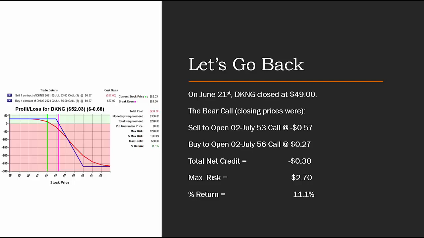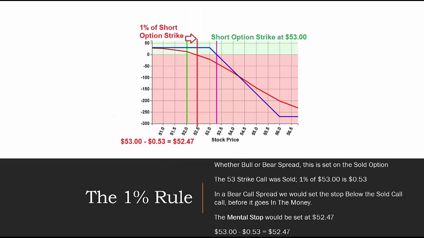Let's break down how we would set the mental or strategic stops for this particular position. The 1% rule. We sold a 53 strike call and bought a higher strike 56 for our bear call credit spread. 1% of that 53 strike, of course, is 53 cents. In the bear call spread, we would set the stop below the sold call, the difference of the strike price that we sold minus the 1% of that option before it goes in the money.